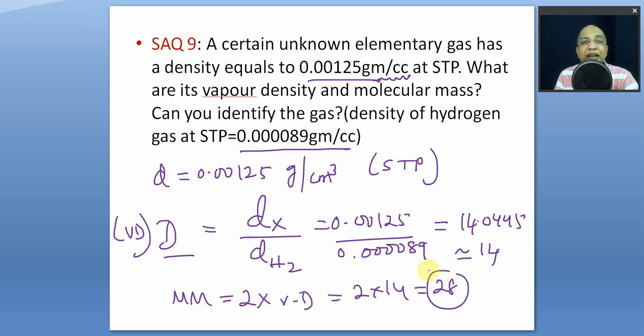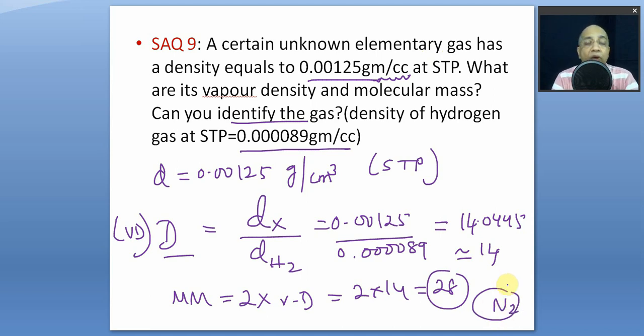Can you guess which gas it is talking about? Can you identify the gas? If it is an elementary gas, not a compound gas, an elementary gas cannot be any other thing than N2. 14 plus 14, 28, right?